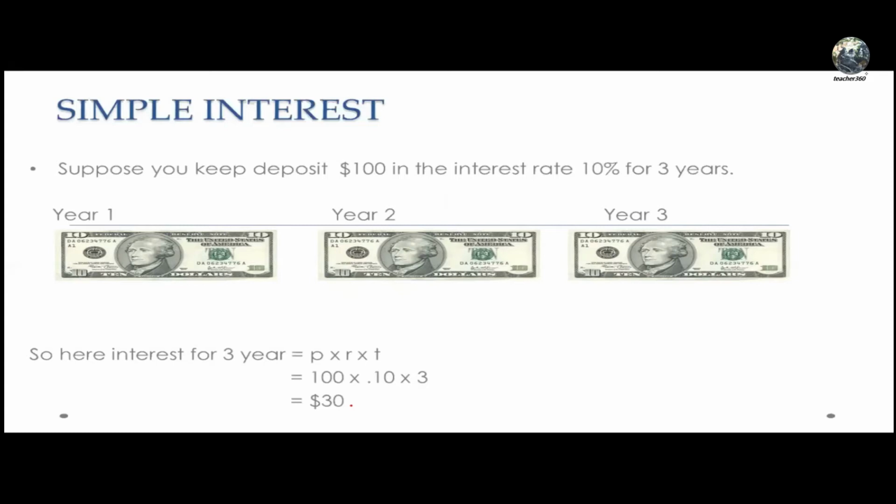Here you can also see another example: simple interest for multiple years. As in the previous example, you deposit $1,000 at an interest rate of 10% for 3 years. How much will be your simple interest?